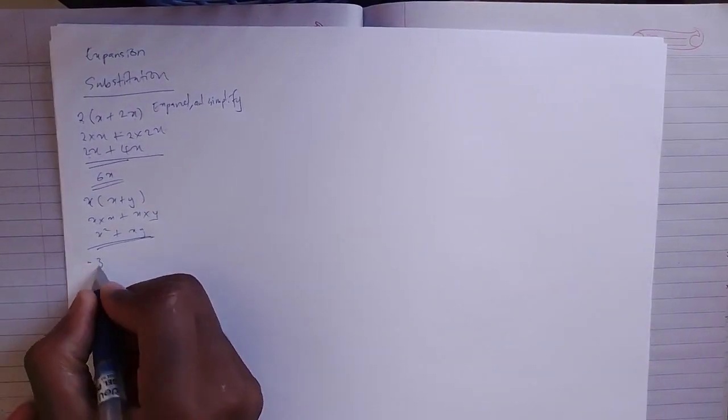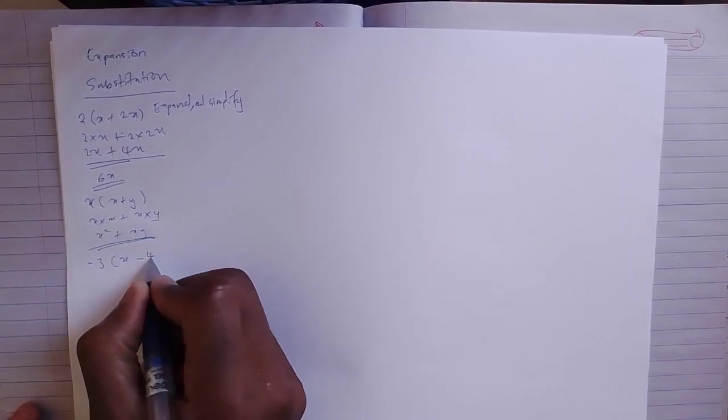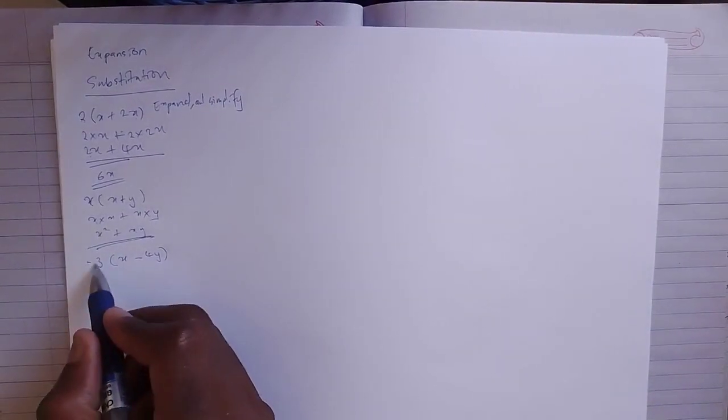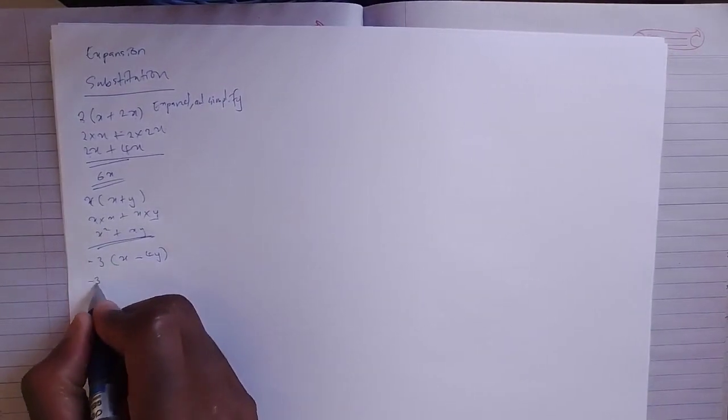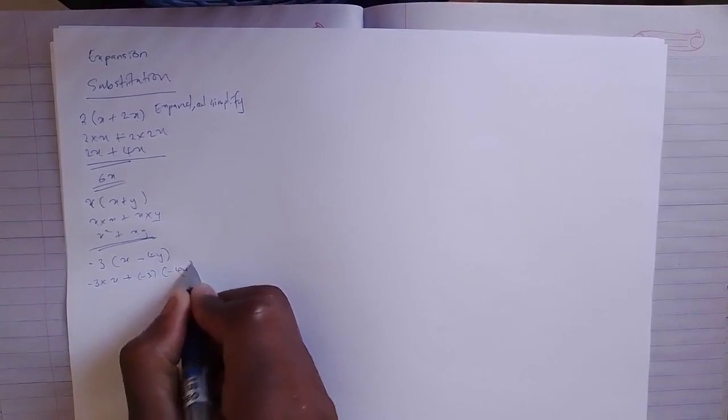So we're given something like -3 multiplying (x - 4y). So how do we go about this? Again, we just multiply -3 times x, then we say plus -3 times -4y.